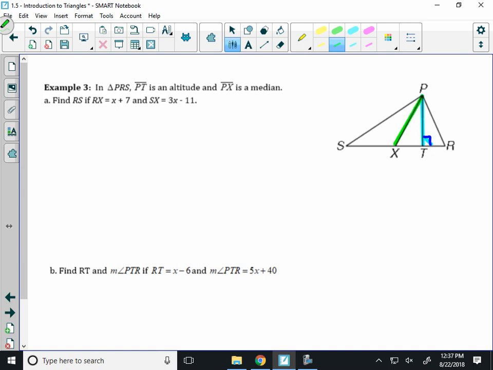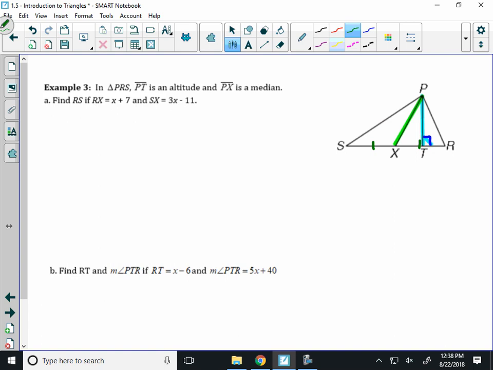What do I know about medians? What do they do to the opposite sides? Cuts it in half. So if it cuts it in half, what do I know about SX and RX? They're the same. So I'm going to put tick marks to show that they're the same. This and this are the same. That's what I know. I'm going to mark what I know. It's going to help me set up my problem.